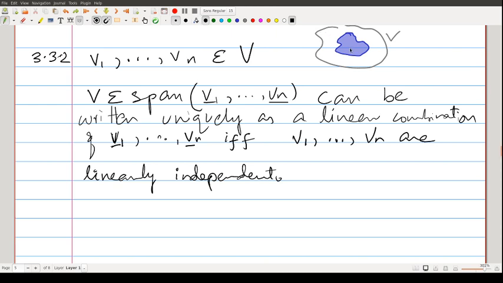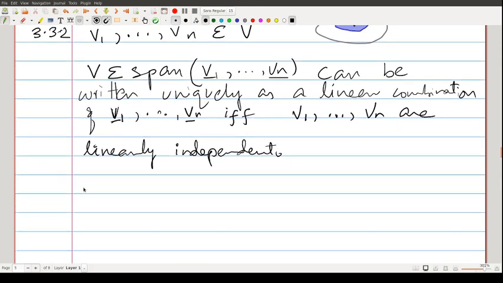So this vector exists in the span of v1 to vn, and v can be written uniquely as a linear combination of v1 to vn if and only if v1 to vn are linearly independent.